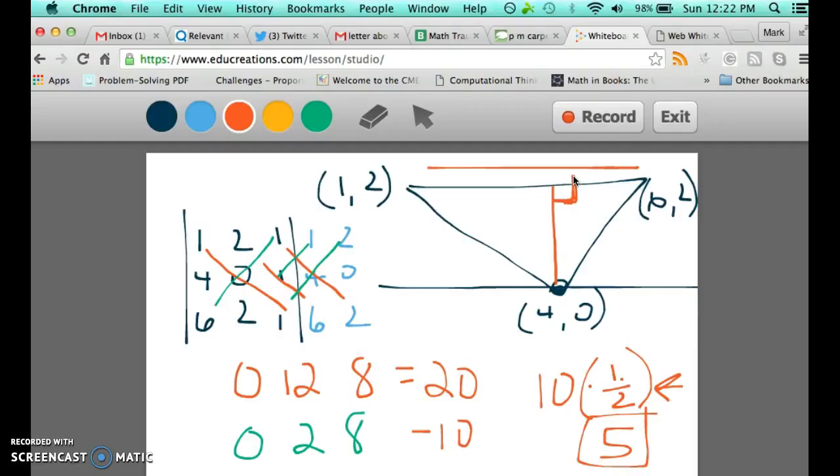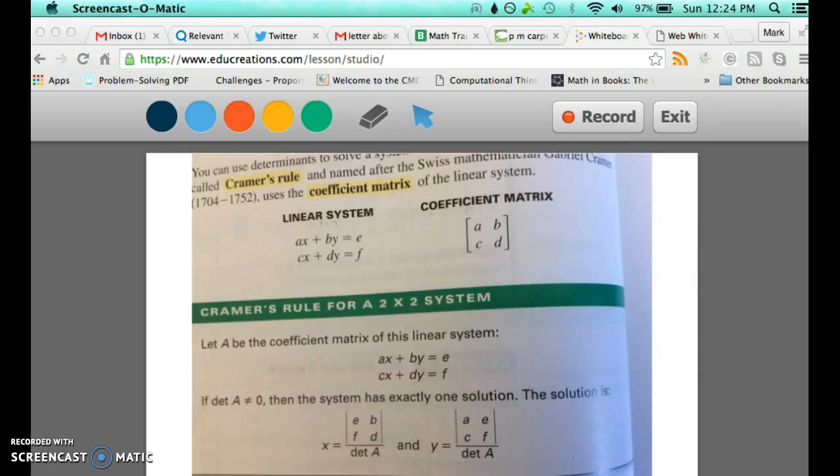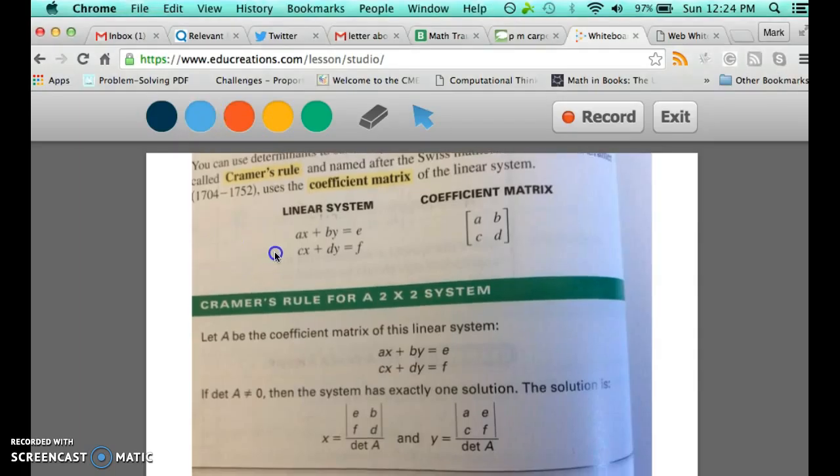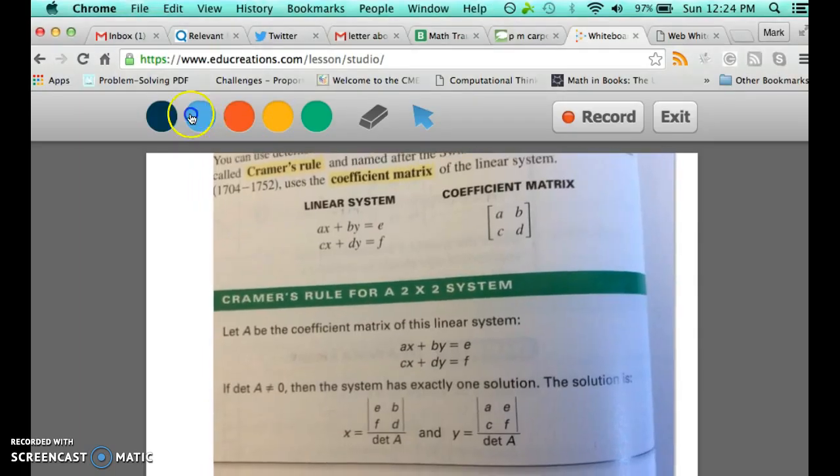Okay, so then the other use of determinants besides finding the area of a triangle is to solve systems of equations. So there's something called Cramer's rule, which basically tells us that if we have a linear system of equations in standard form like this, we can make a matrix out of that, and we call that the coefficient matrix.